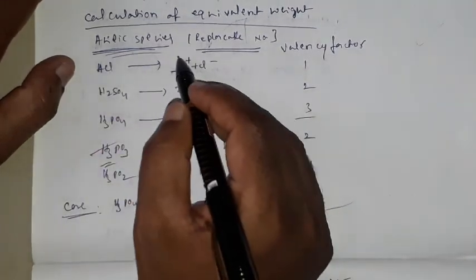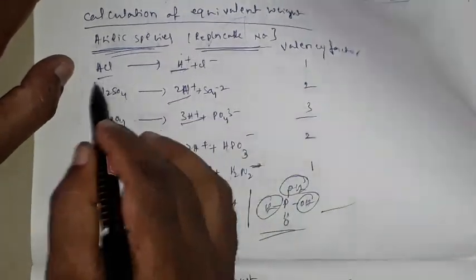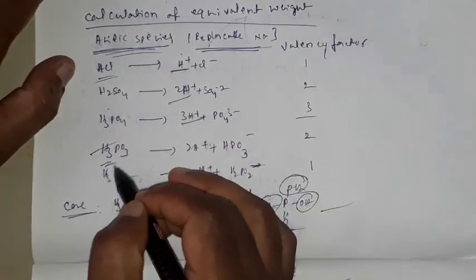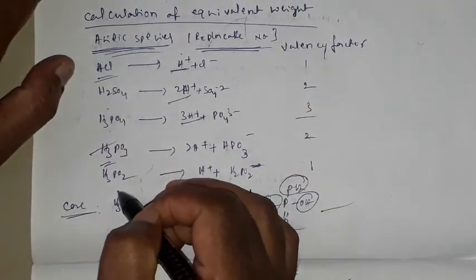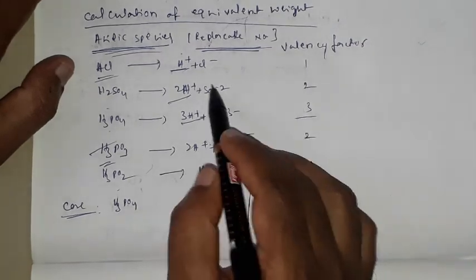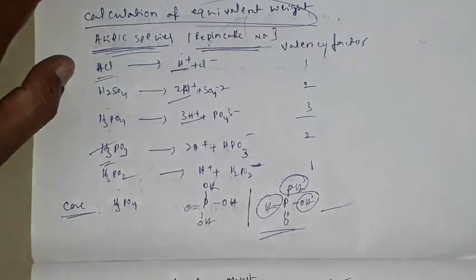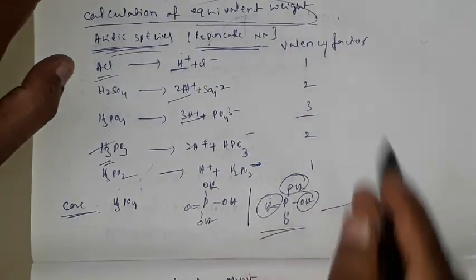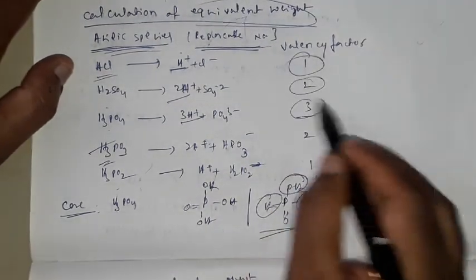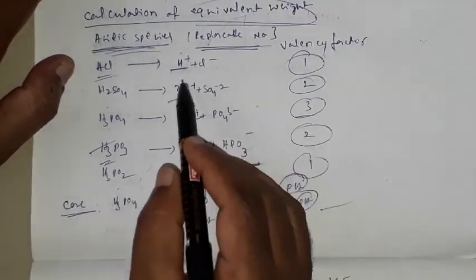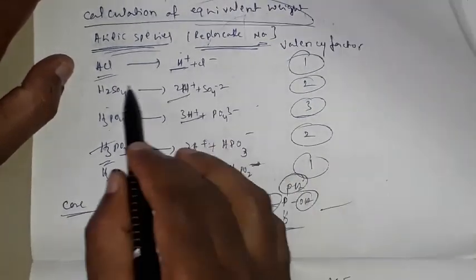Then acidic species. In this case, acidic species means HCl, H2SO4, H3PO4, H3PO3, H3PO2. In these you are going to find the equivalent weight. First you need to know the valency factor. Sometimes they directly ask the valency factor of the given compound. For this, it is the replaceable number of H plus ions.